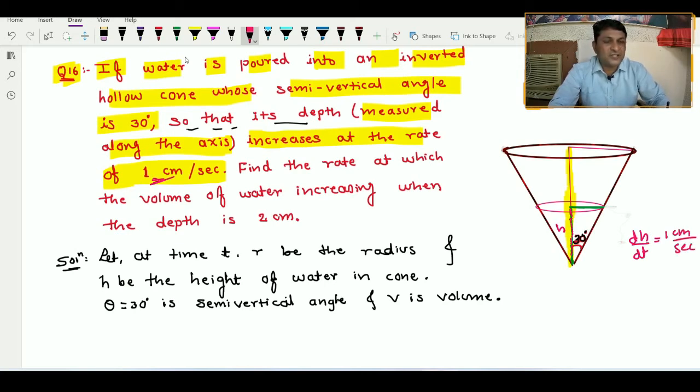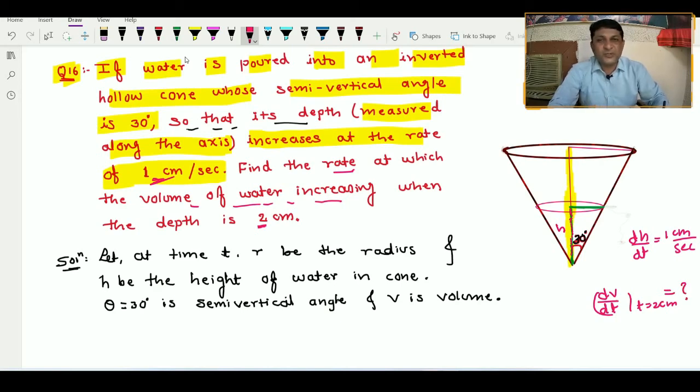This is the given condition. Then we have to find the rate at which the volume of the water is increasing when depth is equal to 2 centimeters, that is dv by dt when h is equal to 2 centimeters.